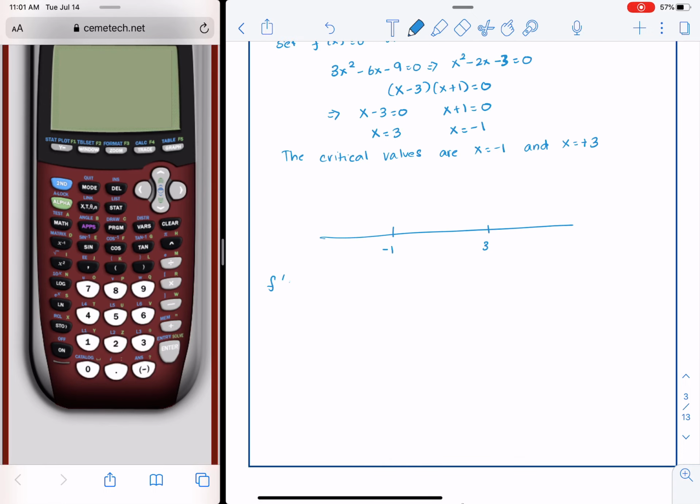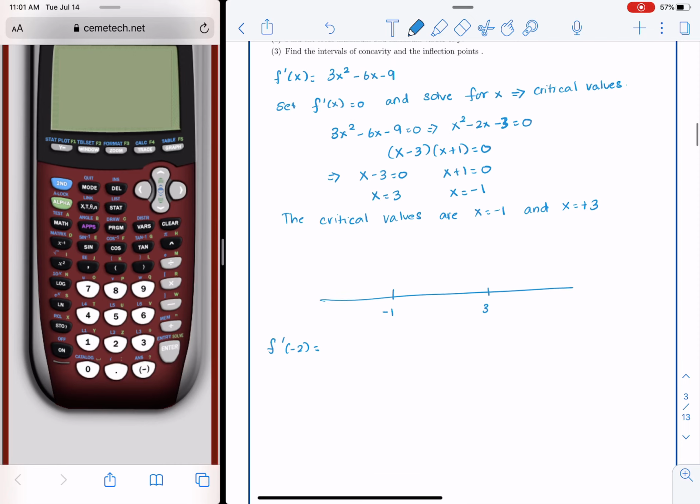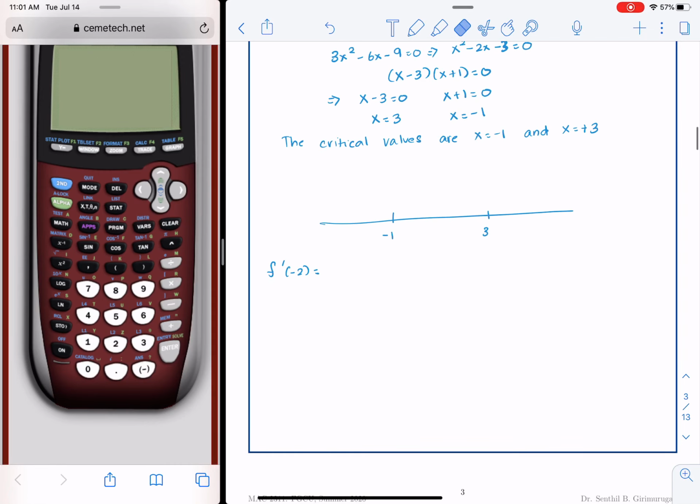So f prime of negative 2, we have to plug it in the derivative, is 3 times minus 2 squared minus 6 times minus 2 minus 9, 12 plus 12 minus 9, which is 15. And 15 is a positive number, and the test point that I picked is minus 2. And the derivative is positive, so the function is increasing.